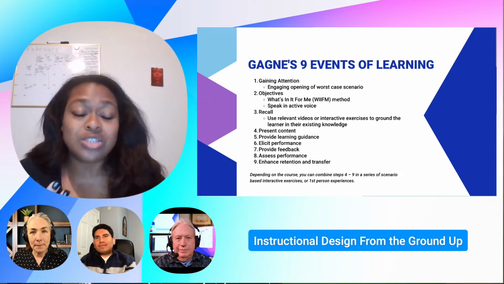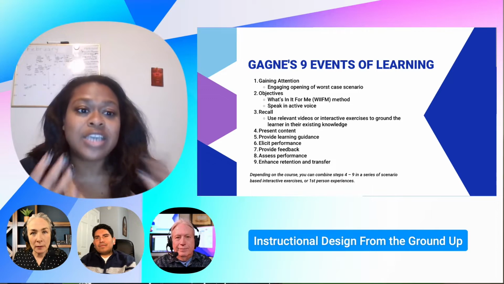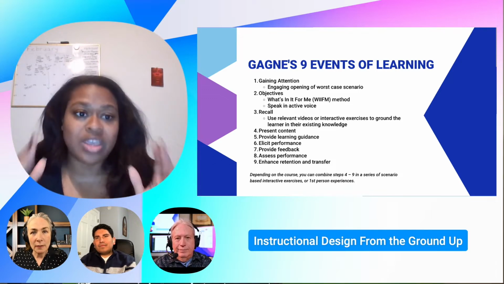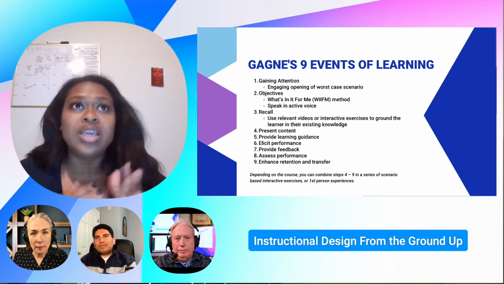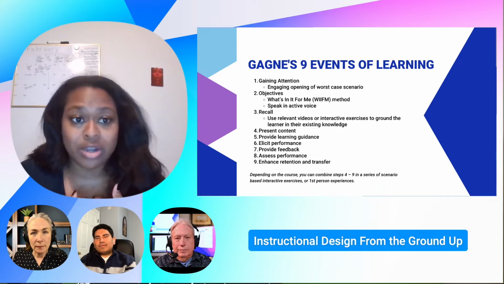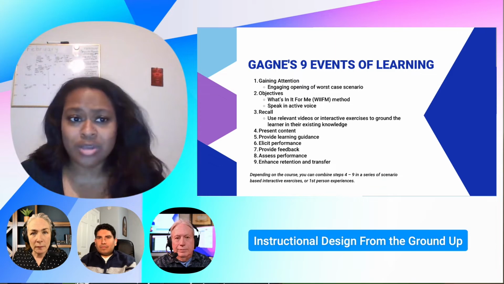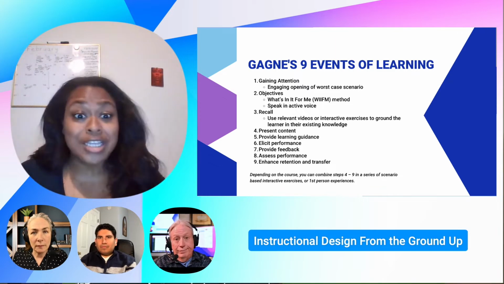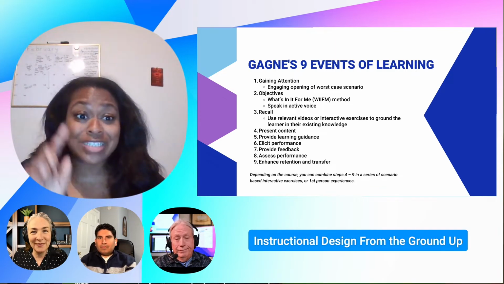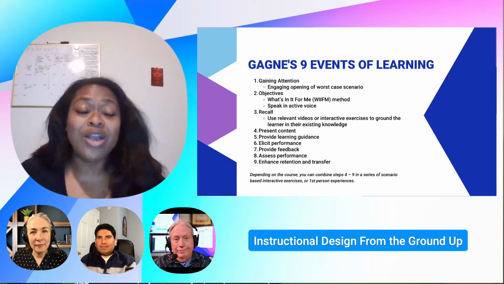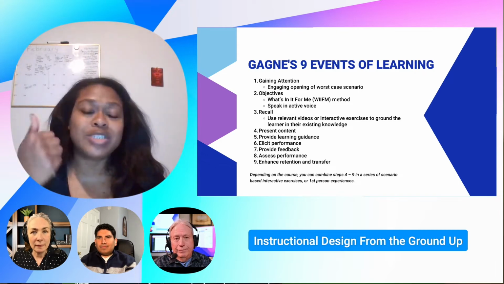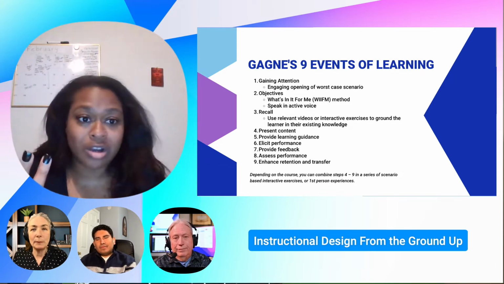And one way that you can do that is by explaining clearly with active voice what is important for me as a learner, especially if the course is 20 or 30 minutes long and has 10 to 15 modules that I have to sit and click through. I want to know, is this going to make me smarter, better, faster, stronger? Right?